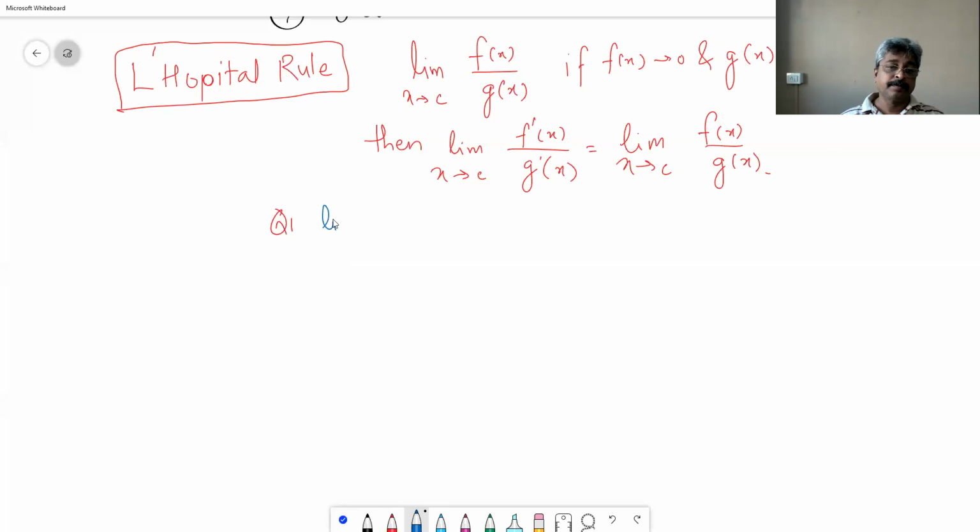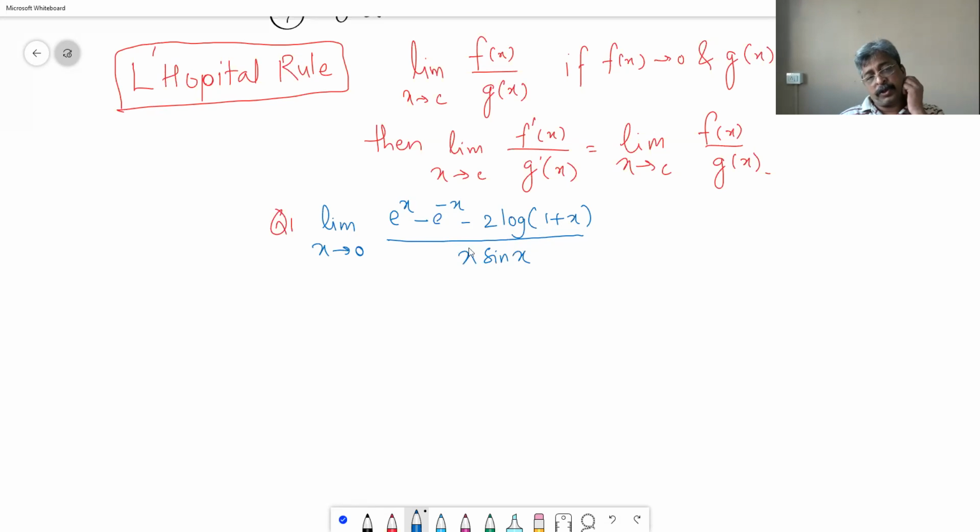Limit as x tends to 0 of e raised to x minus e raised to minus x minus 2 log 1 plus x, divided by x sine x.